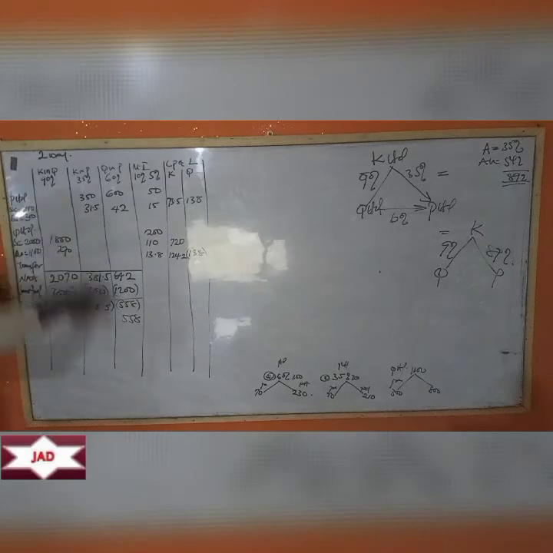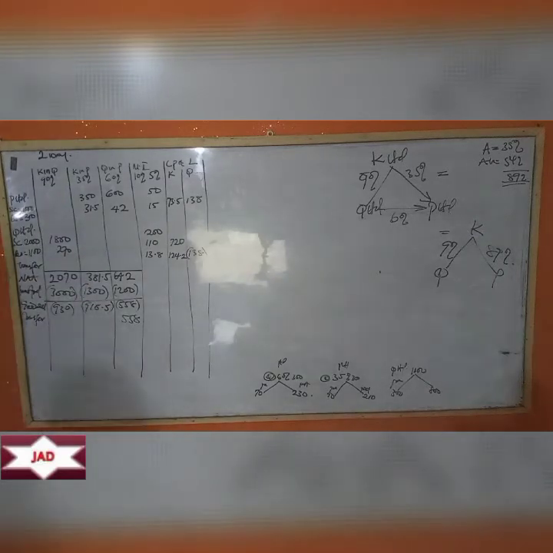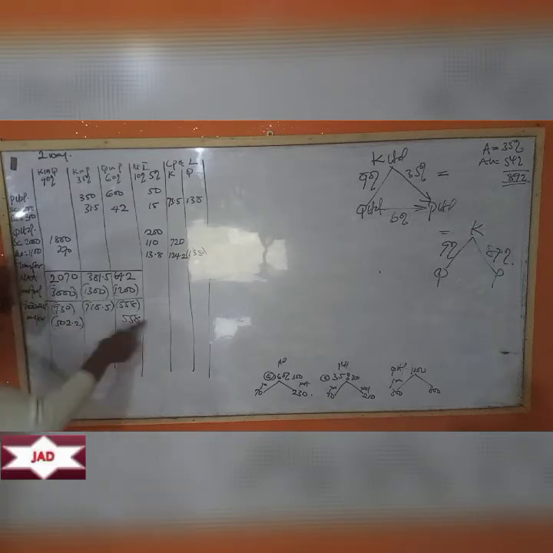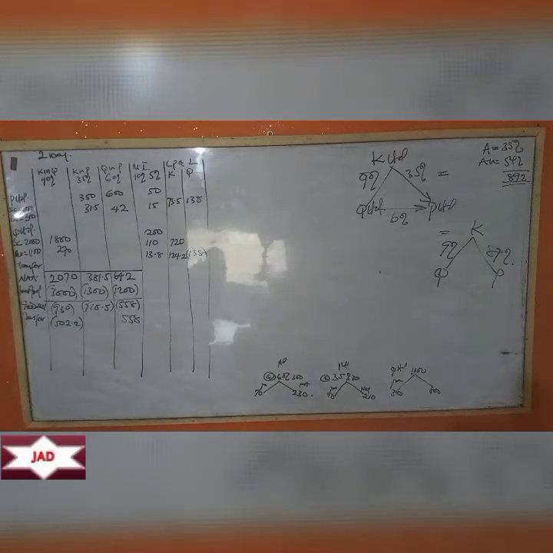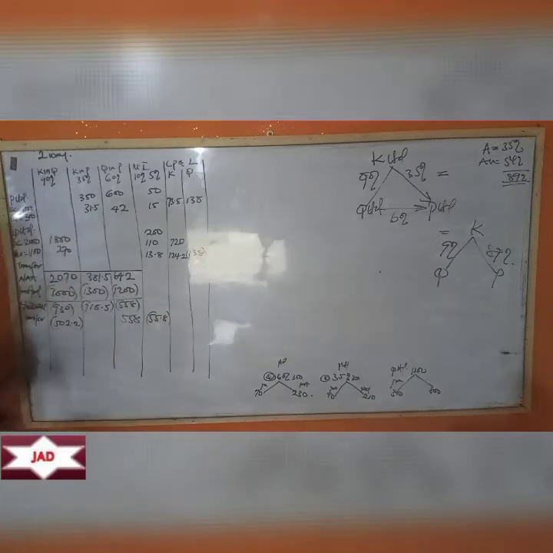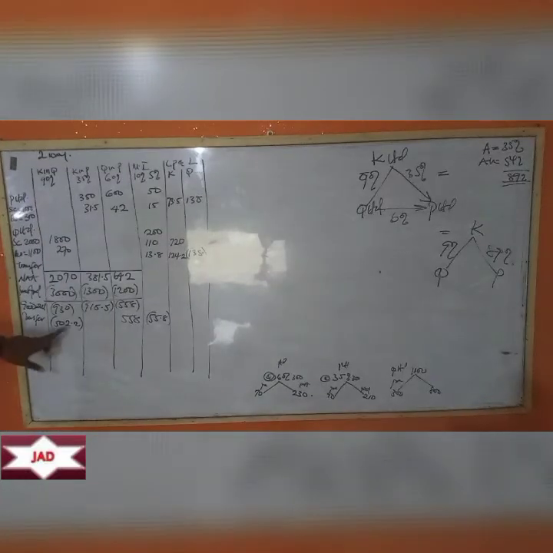So 90% of this is 502.2, right? Then minority interest will take the remaining one, 0.1 times 558, which is 55.8. So if you add this to this, it should give you this.